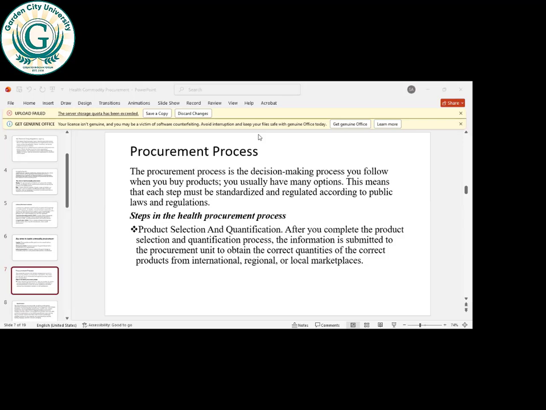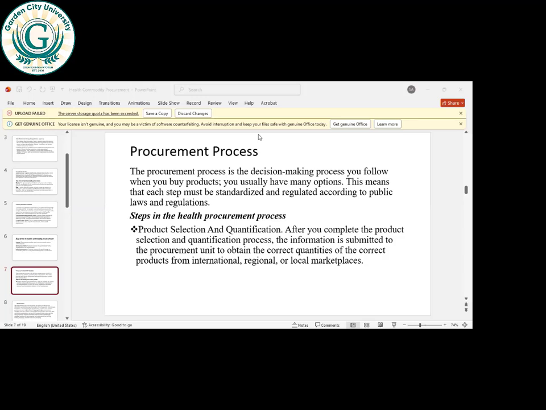So once you receive the products and their corresponding quantities, you source them. Either you go international, regional, or local marketplaces. When it comes to the tendering process, we have what we call the restricted tender, the open tender, and the global tender.